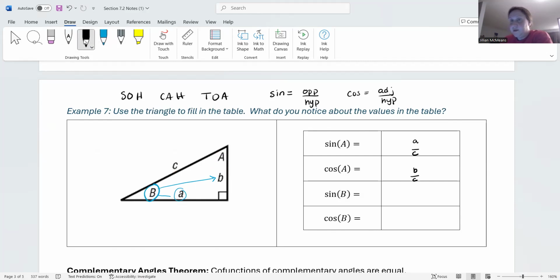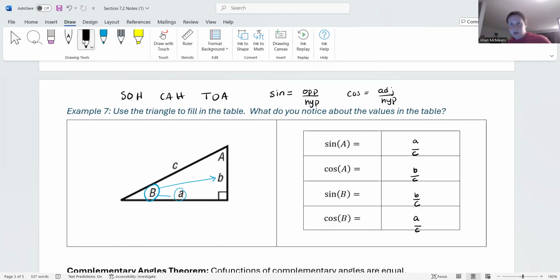So let's find sine and cosine of angle B. Sine of B is opposite over hypotenuse, so that would be b over c. And cosine of angle B would be adjacent over hypotenuse, that would be a over c.